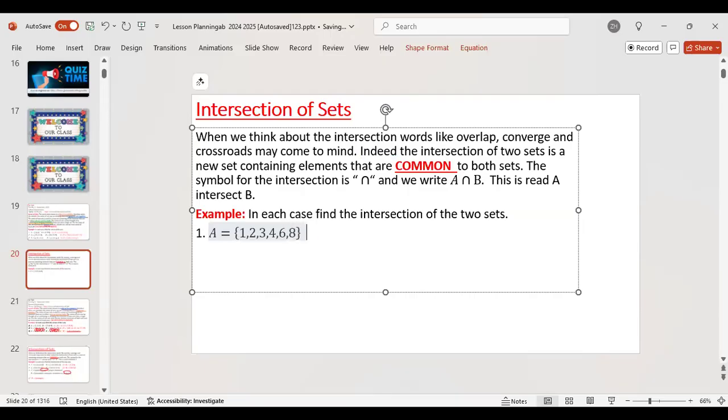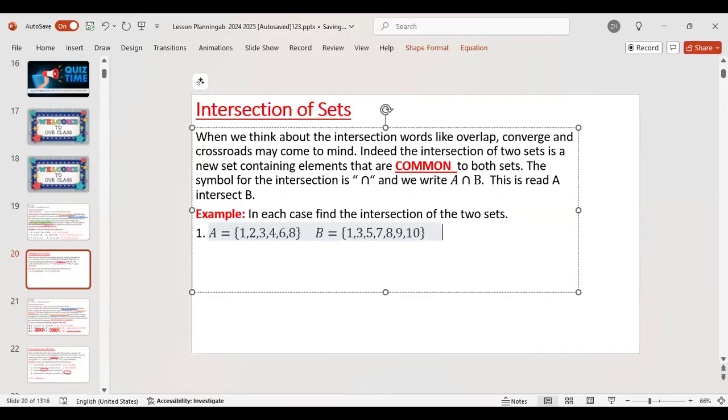Let's say set B is equal to {1, 3, 5, 7, 8, 9, and 10}.